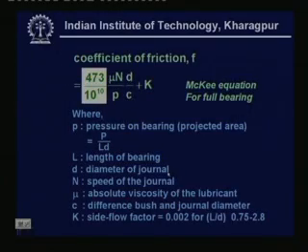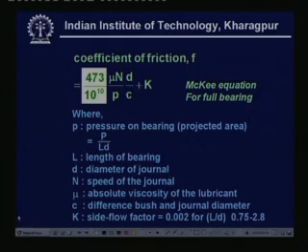Now, a coefficient of friction f is defined in terms of these parameters. We have seen the bearing characteristics number; then D by C, where D is the diameter of the journal and C is the difference between bush and journal diameters, and K is some factor.